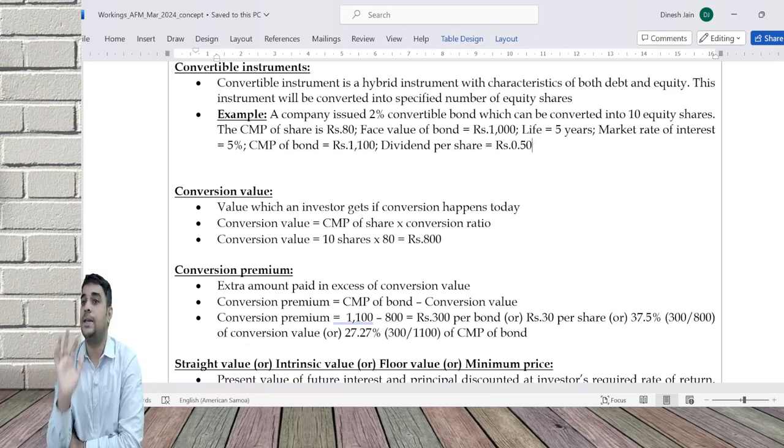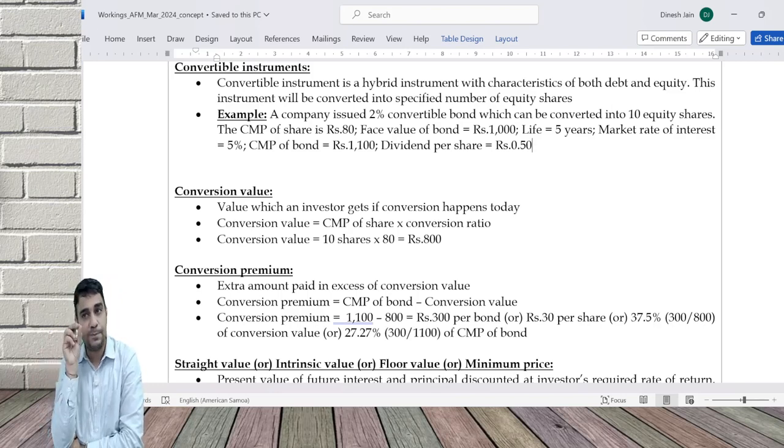Interest income will obviously be higher than dividend income, because dividend yield is practically 1% or less. Interest normally is 5-6%. This is just an example where I've given 2%, but normally you pay an interest of 5-6%. So by investing directly in a convertible bond, you get two benefits. One is every year you get extra income.